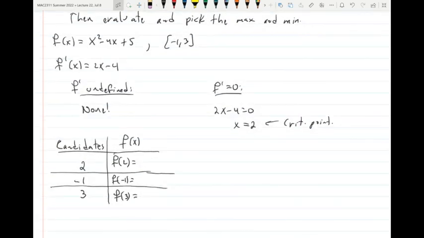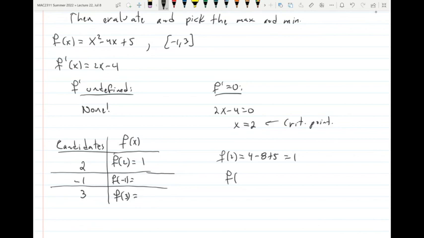The value of the function at 2, we can see it above, but let's do it without looking at the picture. f of 2 is equal to 4 minus 8 plus 5, so it's going to be 1.